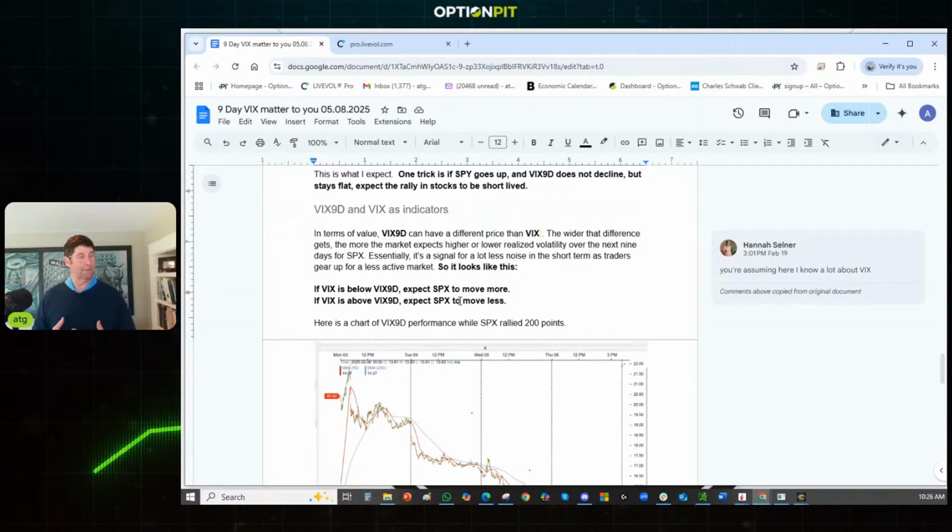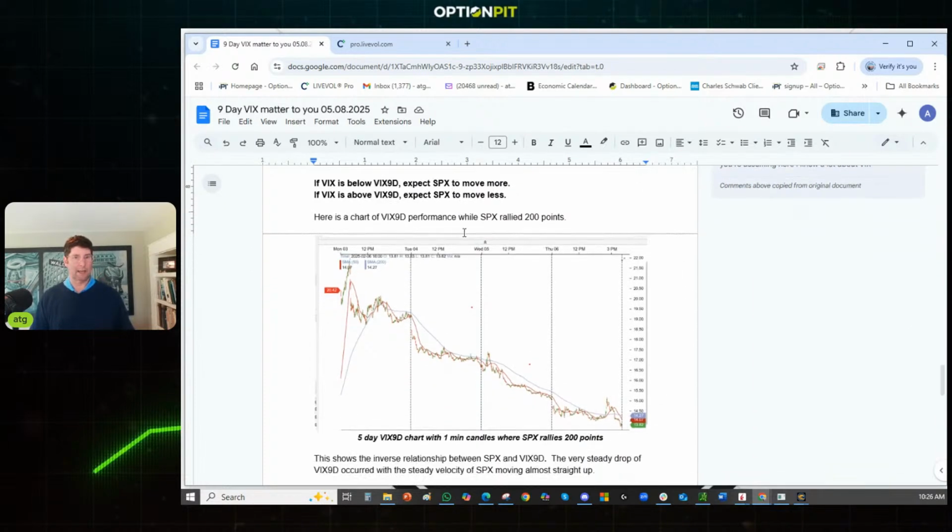Or you set up volatility positions like with the vol products, or maybe lean a strangle in SPY, or if you're an overnight trader into the end of the day and you see that 9-day volatility diving 2-3 o'clock in the afternoon, there could be some more legs to an SPY or an SPX rally by the end of the day. So it's a nice little indicator to look at to build a move into the end of the day. I will have this sheet available, I think, when Christian sends everything out.